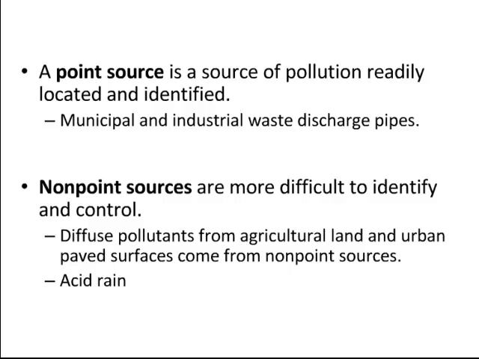If you can't point to where the pollution is coming from specifically, who do you fine? How do you write a law to stop it from occurring? So non-point source pollution, because it's more diffuse, more spread out, not one single place, not one single point, is very, very difficult to legislate against, very difficult to take enforcement action against, and therefore very difficult to stop.